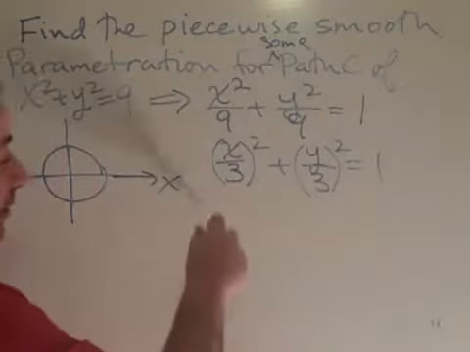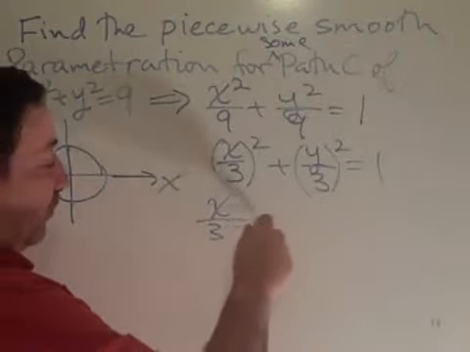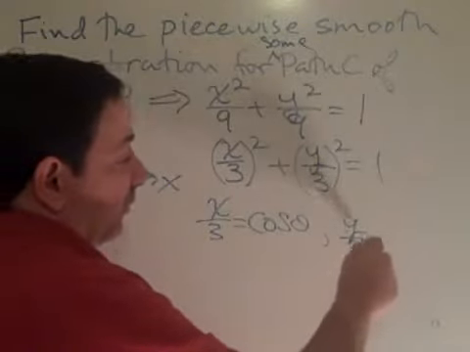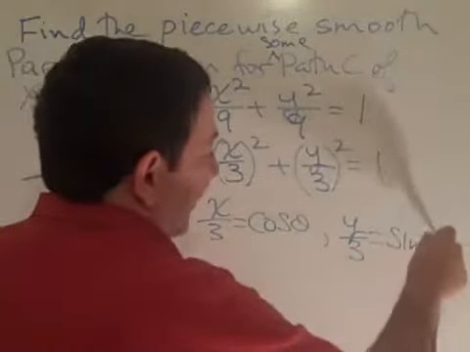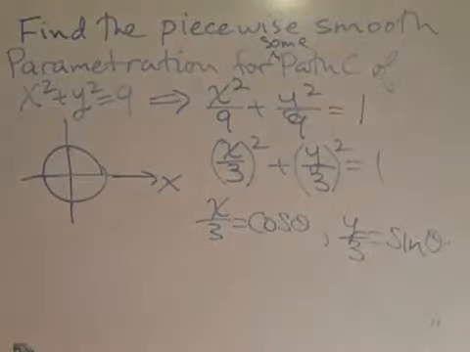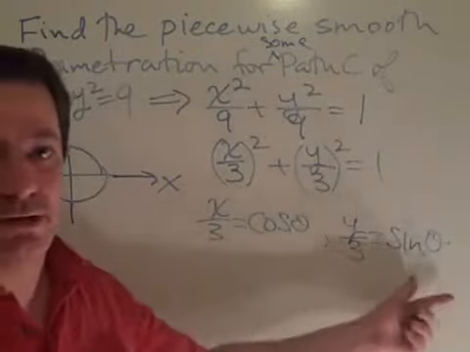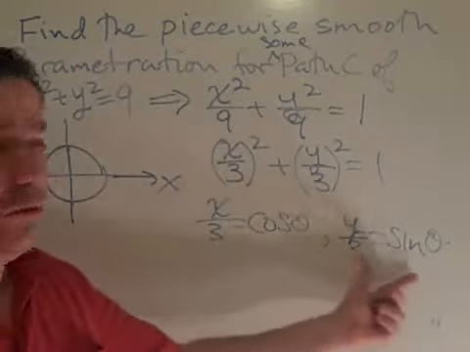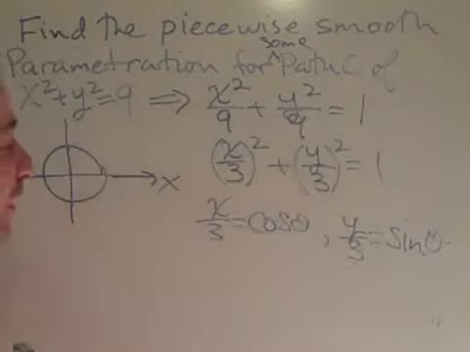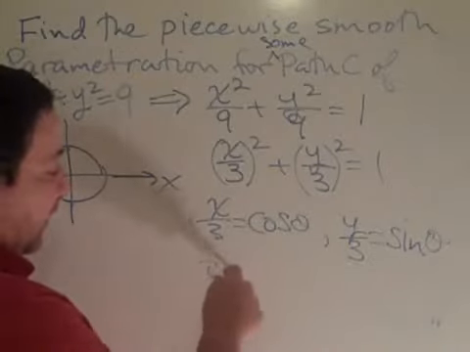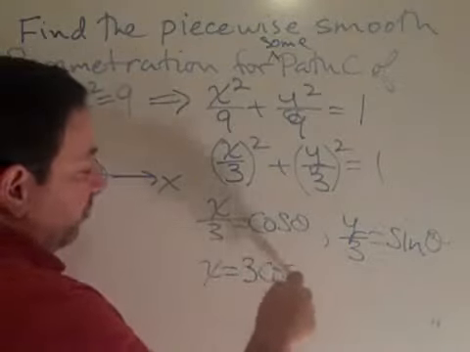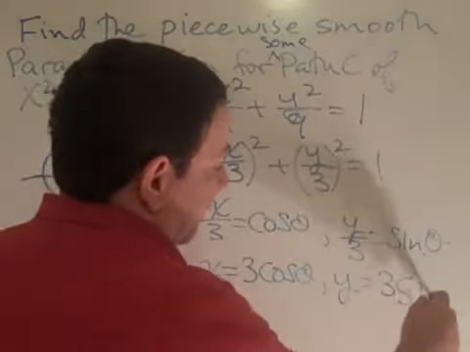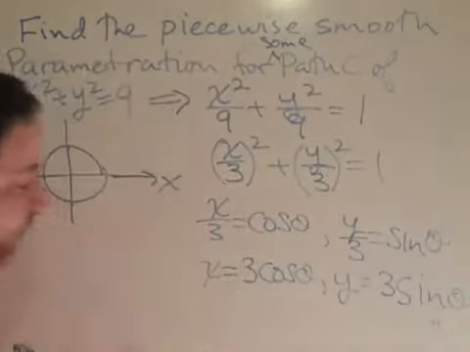If I call x over 3 cosine theta, and I call y over 3 sine theta, it really didn't matter which I called sine theta and cosine theta. I really could have switched them. In both equations, multiplying both sides by 3, I get x is equal to 3 cosine theta, and y is equal to 3 sine theta.